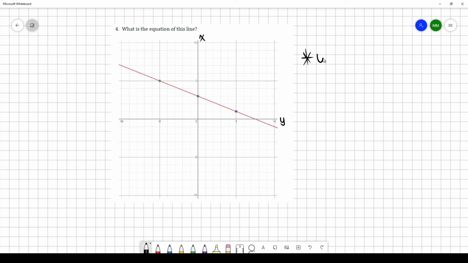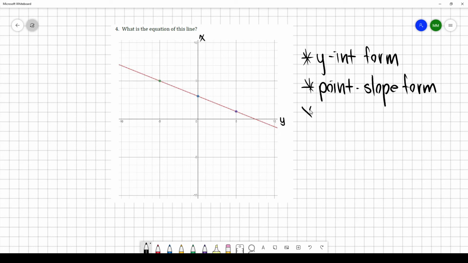It's always 3 choices: y-intercept form, point slope form, or standard form. Sometimes you might find all 3 helpful, or sometimes 2 of them helpful, but you must have at least one that is helpful to you.